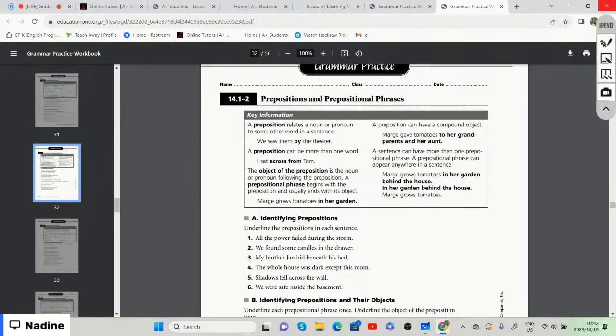For example, I sat across from Tom. Across from Tom. And then we see that the object of a preposition is either a noun or a pronoun. And we're going to underline the preposition in each of these sentences.